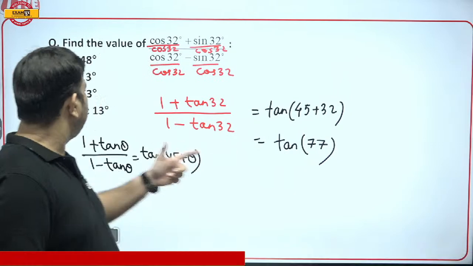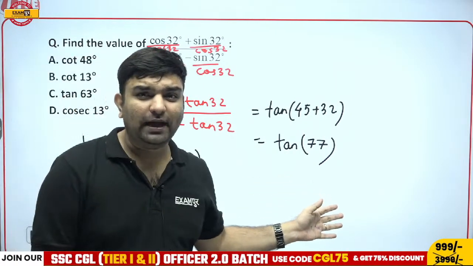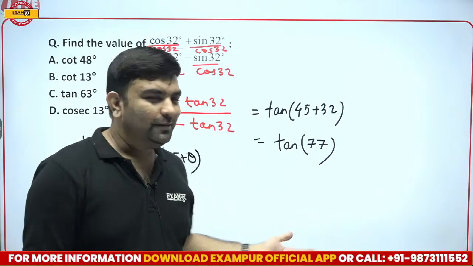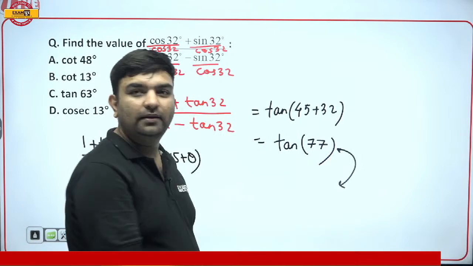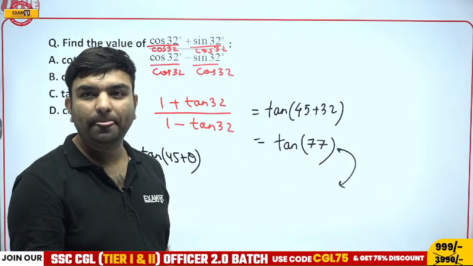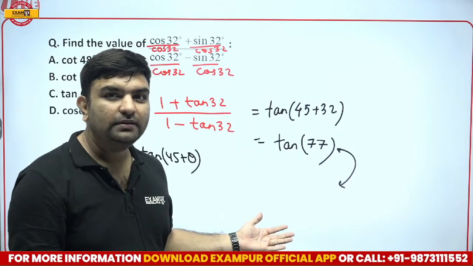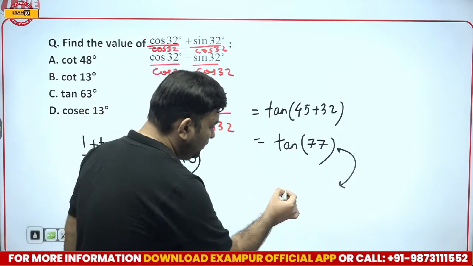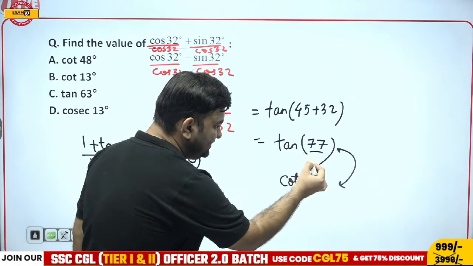Now, tan 77 is not in the options. It does not mean that the answer cannot be found, because if tan 77 is not there, its complementary would be there. Well done, Anupam. What is the complementary of tan? Cot. What is the complementary of 77?